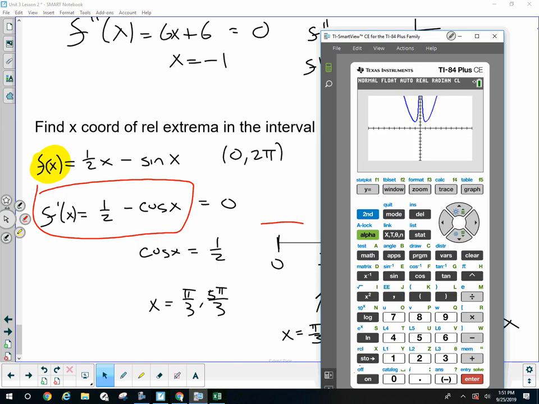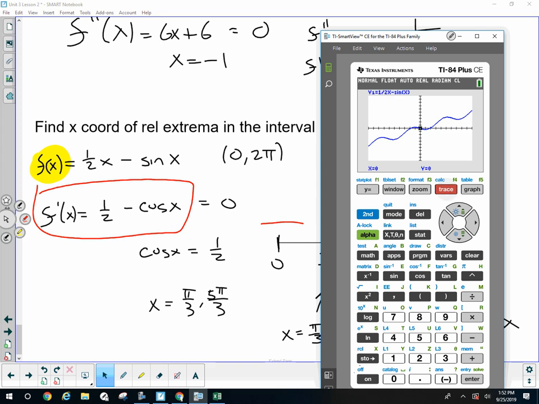And for fun, let's look at what 1/2 x minus sine x looks like. Okay, it ends up being tilted a little bit.